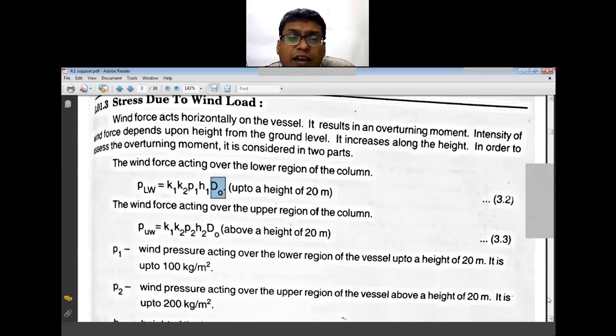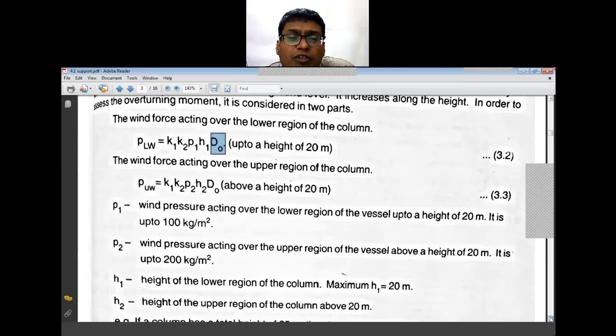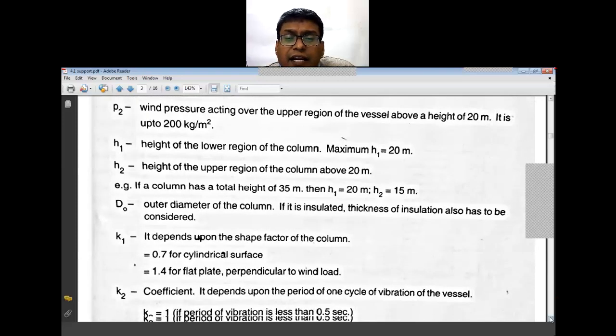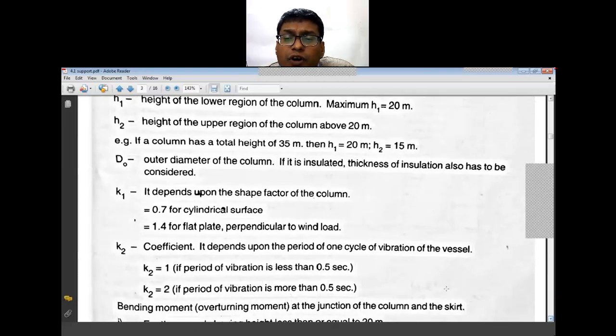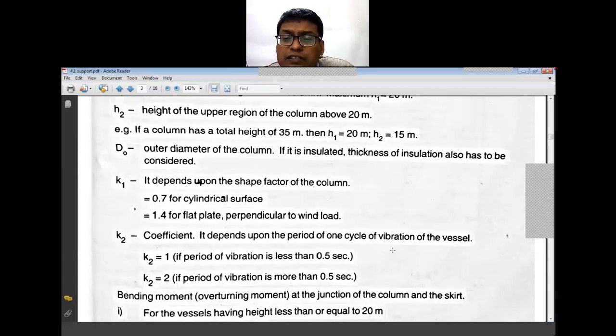Then the K1 and K2, these are the constants depending on the shape factor and depending on the period of vibration of the vessel. K1 is the shape factor of the column. Now the shape factor of the column can be either a cylindrical surface or a flat plate.